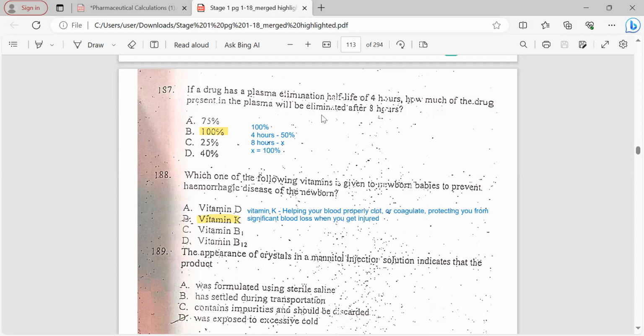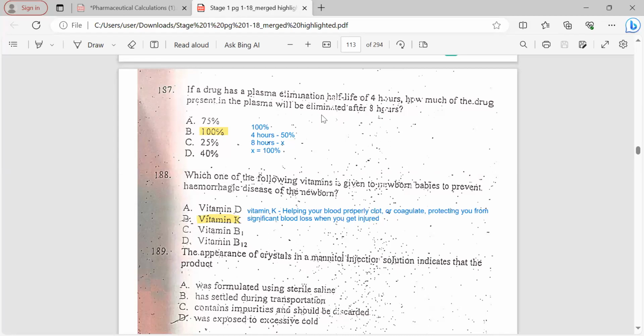So after 4 hours, we'll have eliminated 50%. Then in the next 4 hours, we'll again eliminate half of what is there, half of the 50% that was remaining. So half of 50 is 25.